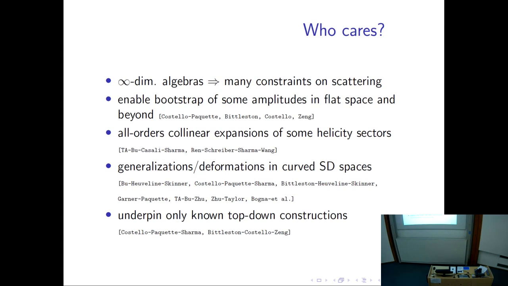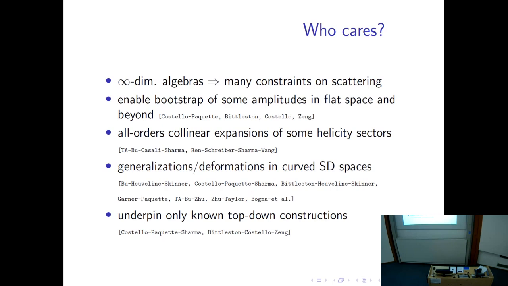And I should also point out, again something I know Laura mentioned this morning, that these celestial chiral algebras underpin the only known top-down constructions of asymptotically flat holography. These constructions are cooked up in the arena of something called twisted holography, which is a holographic duality for topological strings on Calabi-Yau threefolds, and it makes them dual to some 2D chiral algebras.